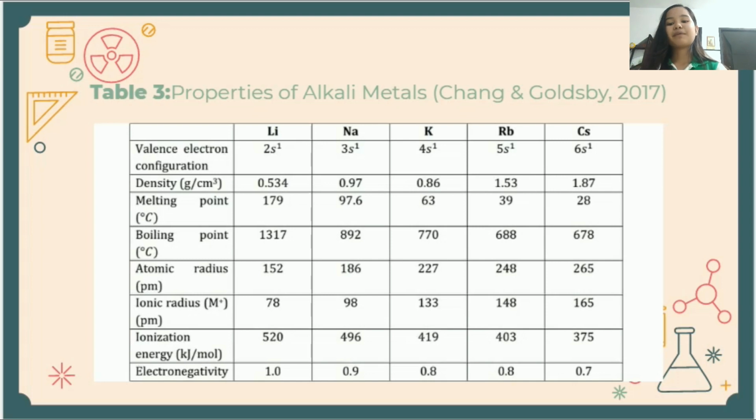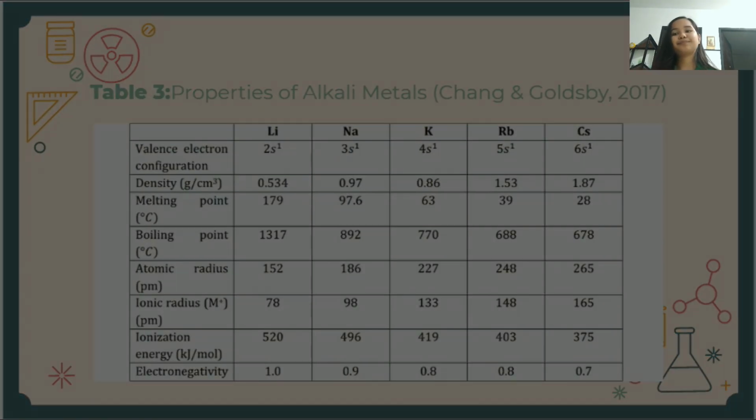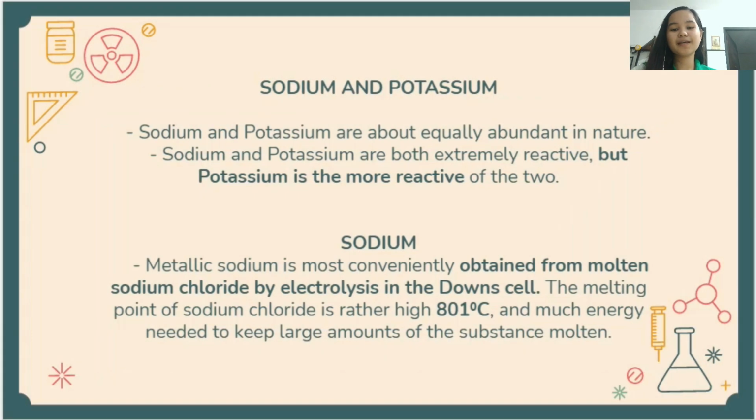The alkali metals have the largest atomic radius in their periods, low ionization energies, and low electronegativities. Sodium and potassium. Electrolysis is the process where metallic sodium is ideally obtained from molten sodium chloride.